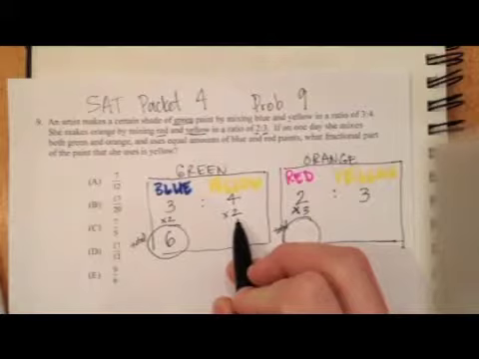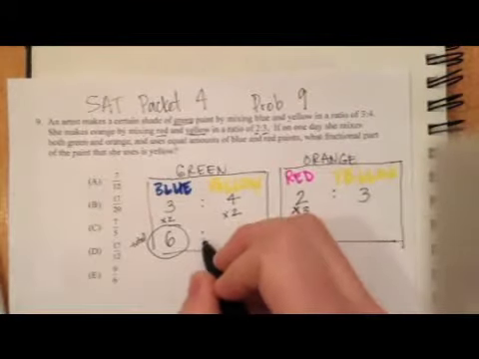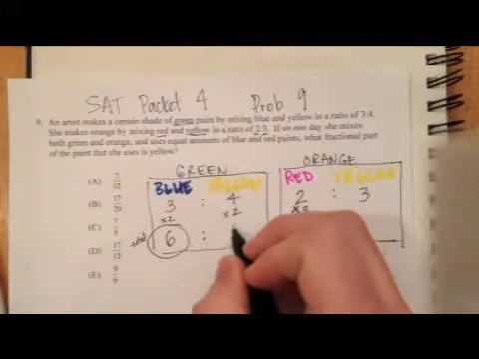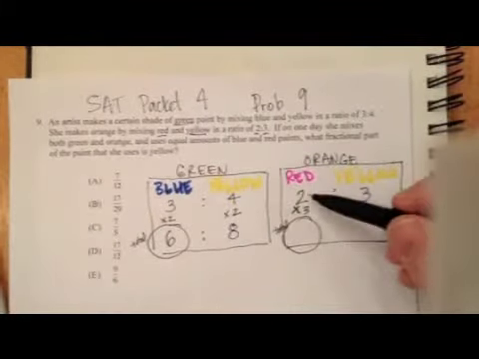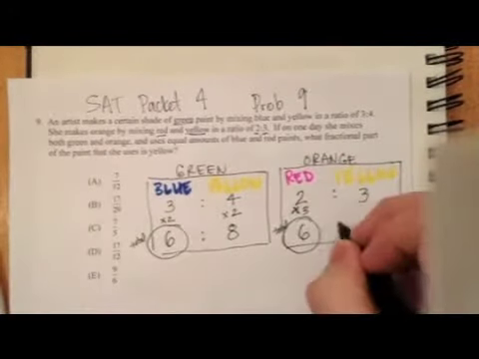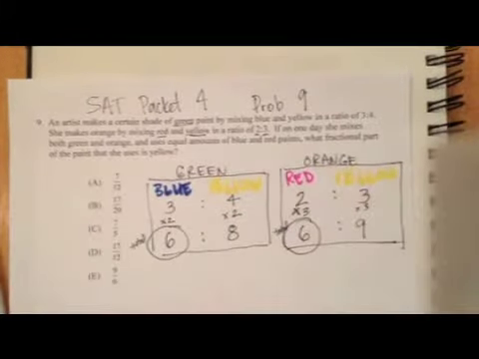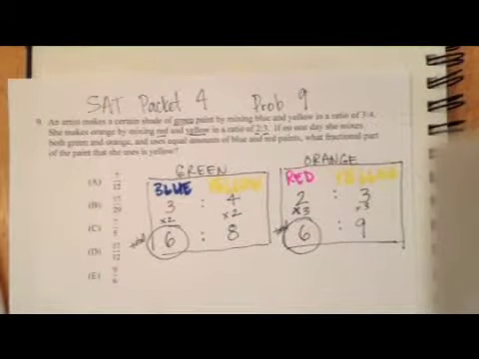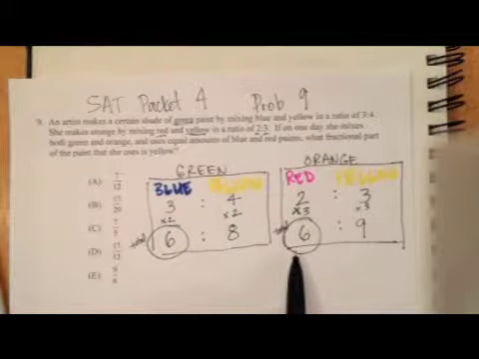Have to multiply it by the same scale factor over here, so it's 4 times 2, which makes 8 parts yellow. On this side, I multiply by 3. 2 times 3 gives me 6 parts red, and 3 times 3 gives me 9 parts yellow. So I've met the conditions of the problem. The same amount of blue as red.